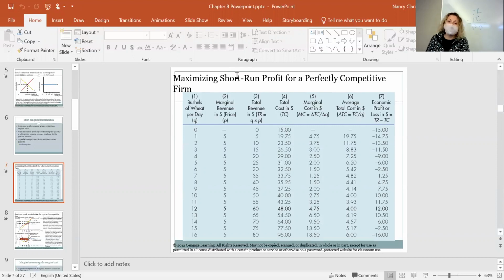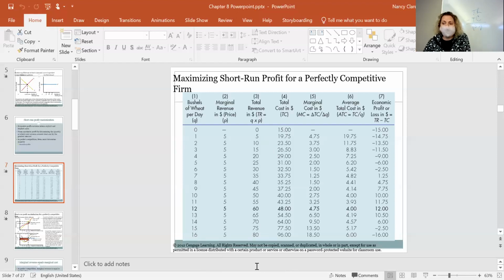Well, the market already told us our price was 5. So what's the additional money coming in the door every time I sell another bushel of wheat? Well, it's $5, and so you can see there is a 5 all the way down. No mystery here. Your marginal revenue is equal to your price in this particular case, because you're getting the same price no matter how much you're selling.